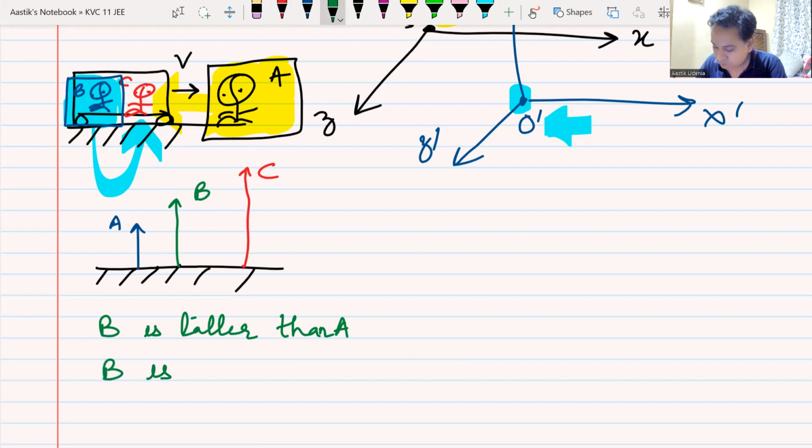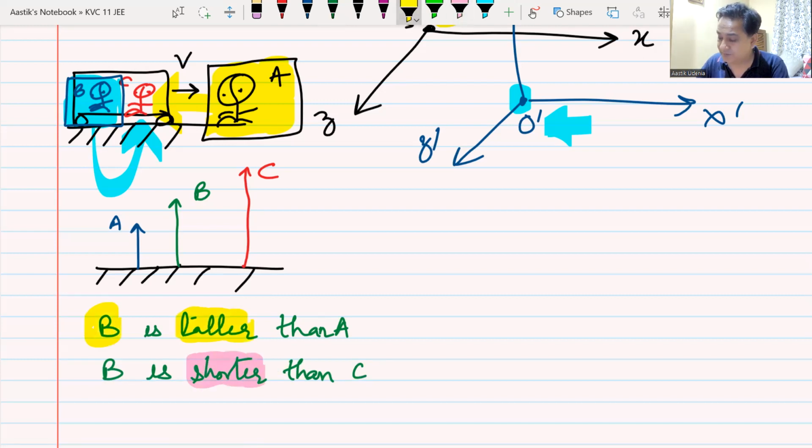B is shorter than C. Now concentrate on the things that I have highlighted: taller, shorter. And I am talking about the same gentleman B. How can B be taller and shorter at the same time? Either he is taller or he is shorter. He cannot be both. But when we take the reference frame according to A and C, he is shorter and taller.